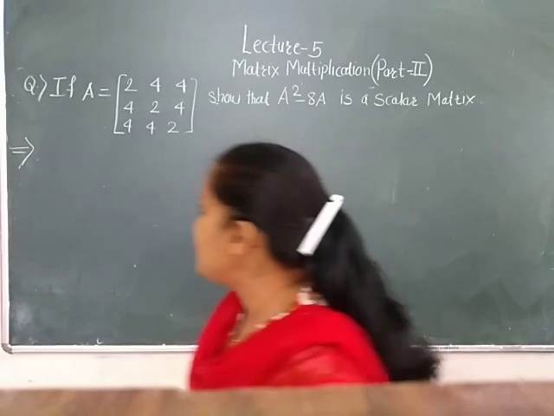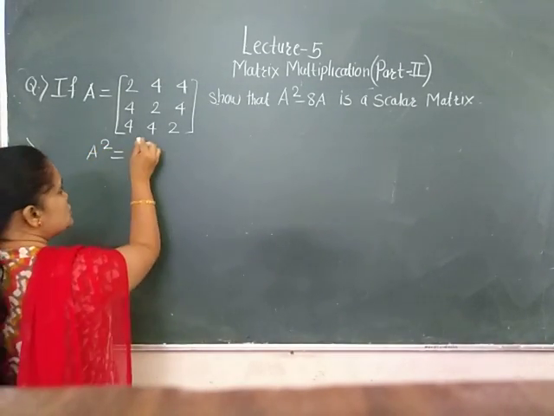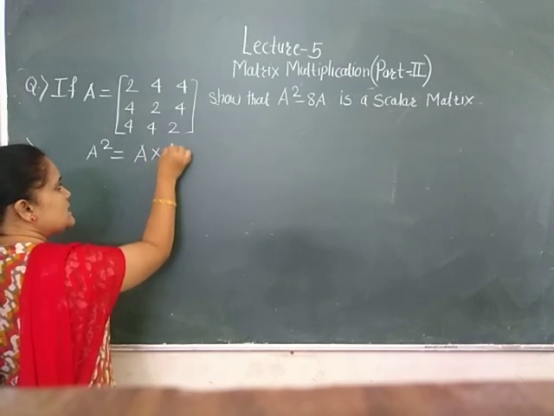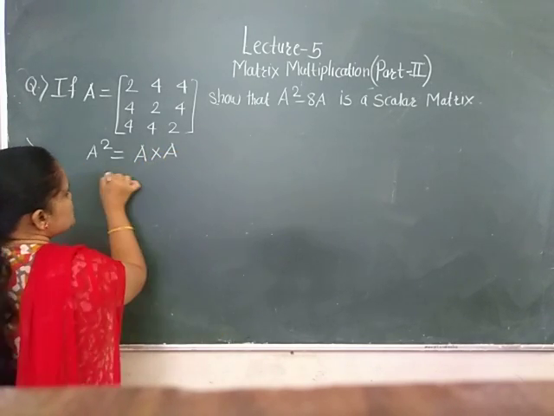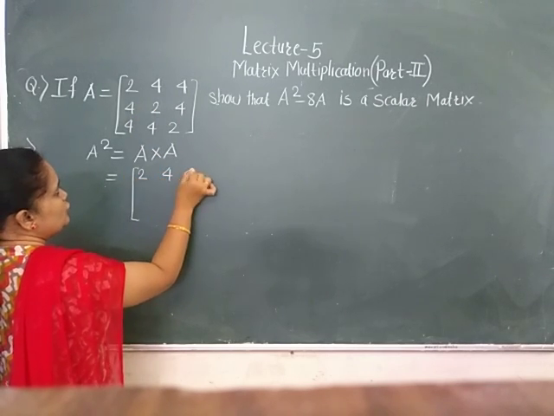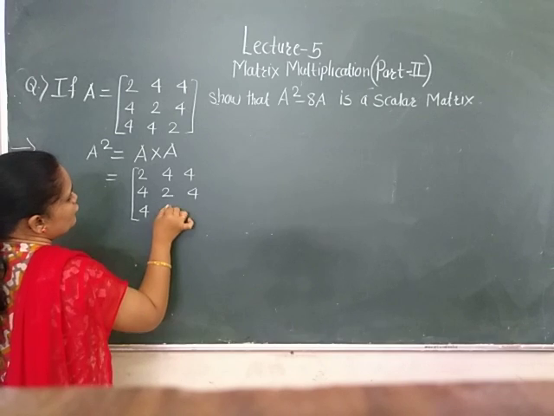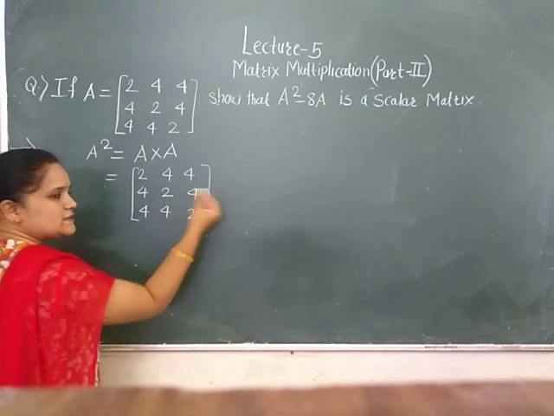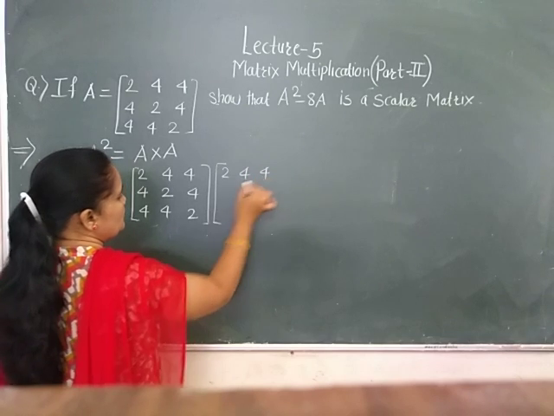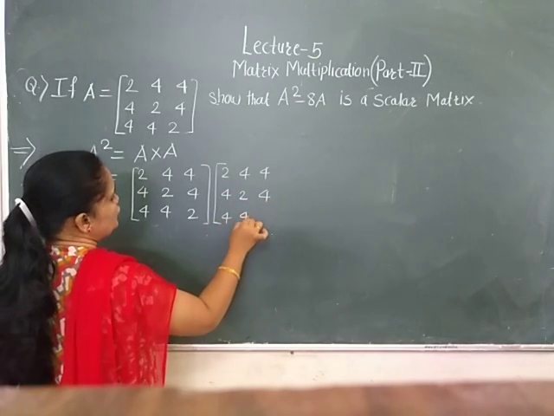Okay, let's begin now. A square is equals to, now we know that A square is nothing but A is multiplied by A. So this is 2 4 4 4 2 4 4 4 2. Again write down same matrix here. 2 4 4 4 2 4 4 4 2.